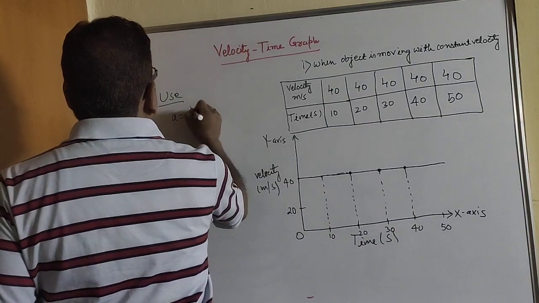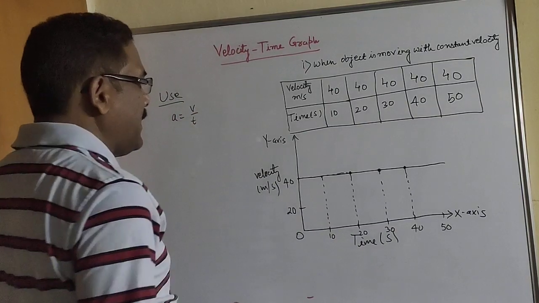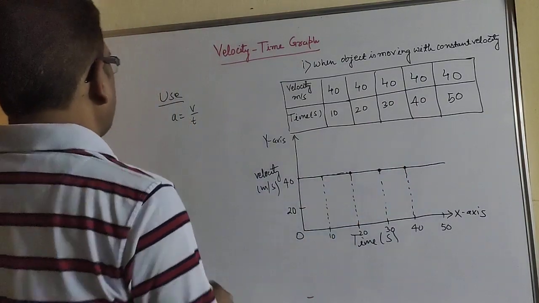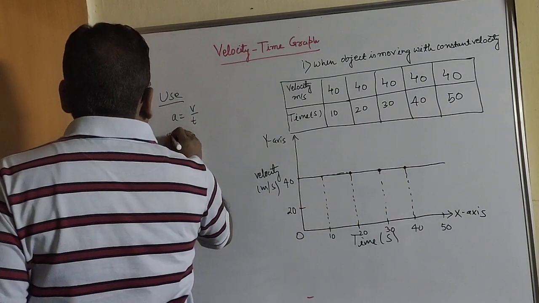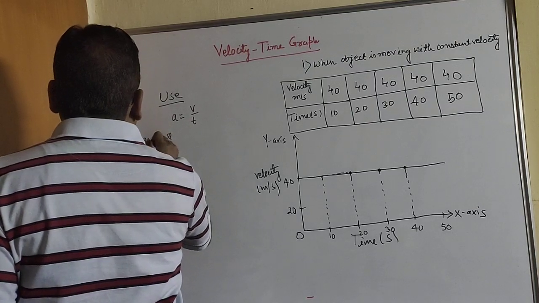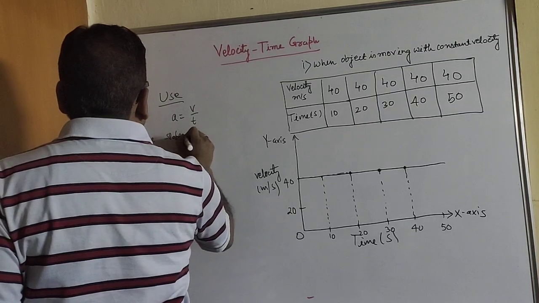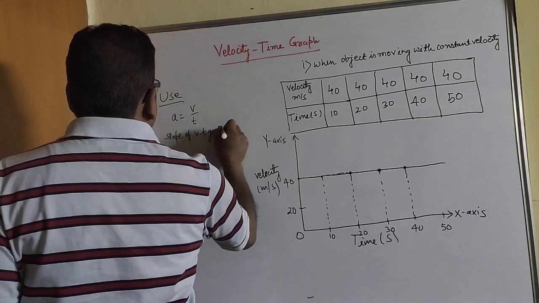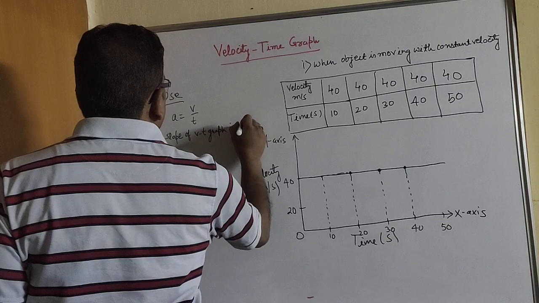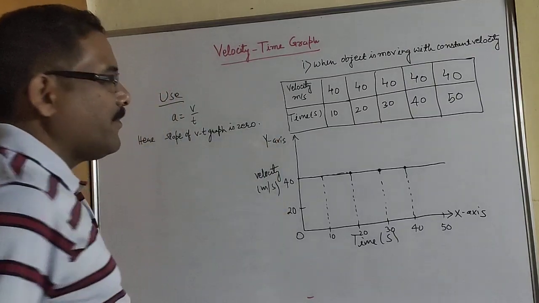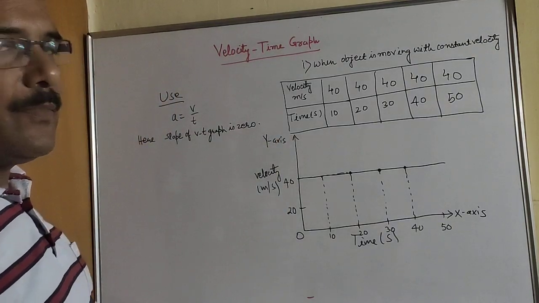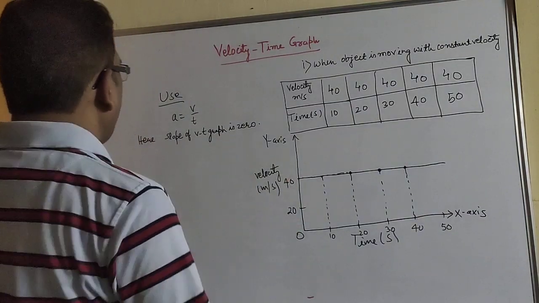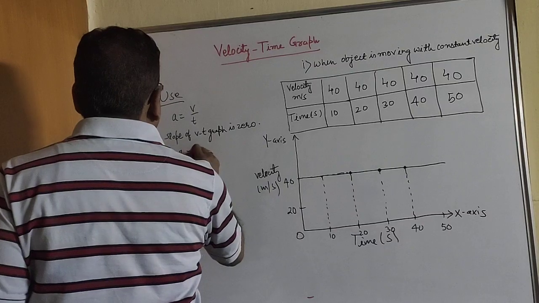The graph is a straight line parallel to the x-axis. So here the slope of the VT graph is 0. There is no slope. So if there is no slope, it means acceleration is 0.